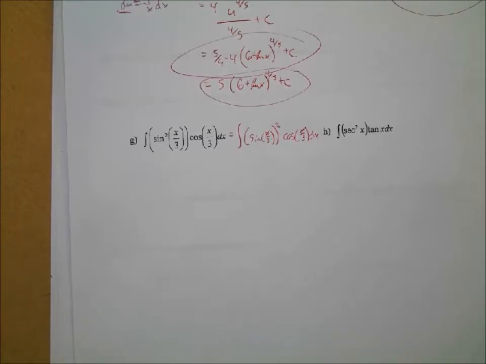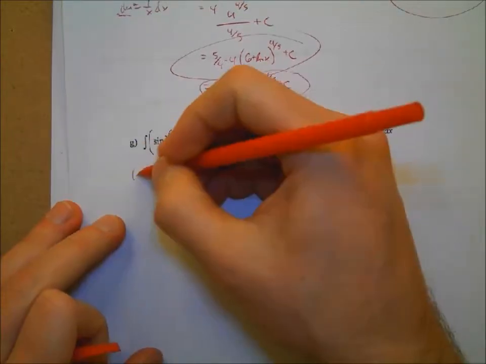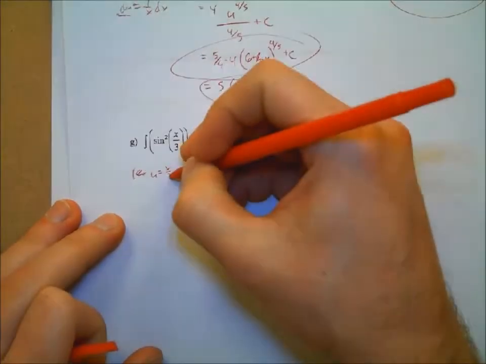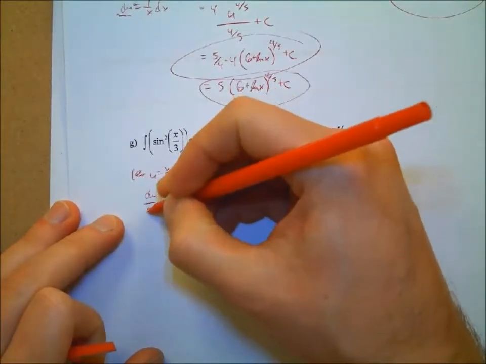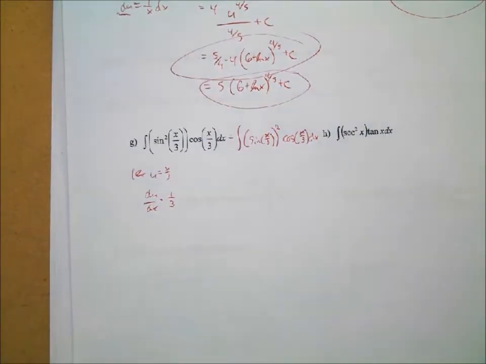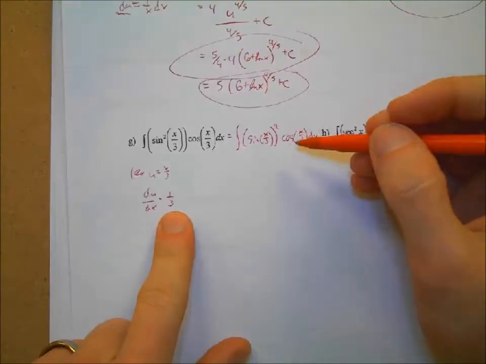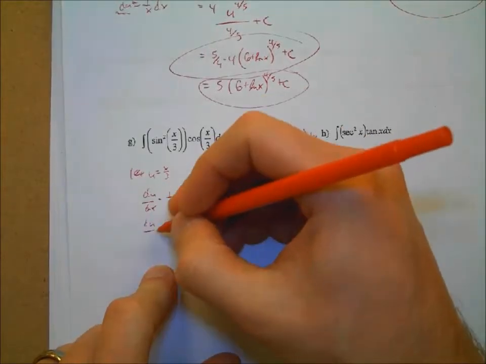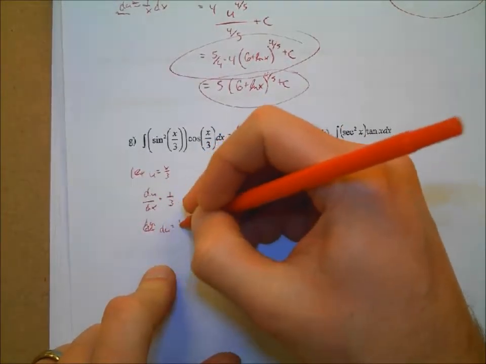X over 3. If we let u equal x over 3, then its derivative will be 1/3, and we can make du equal 1 over 3 dx.